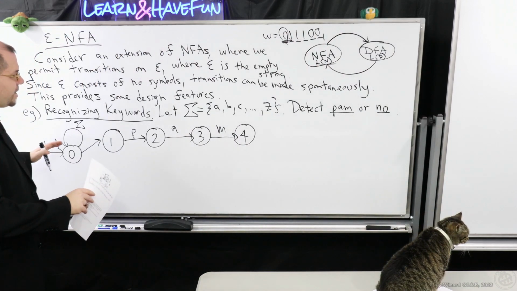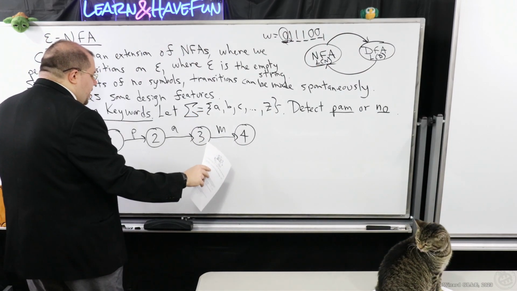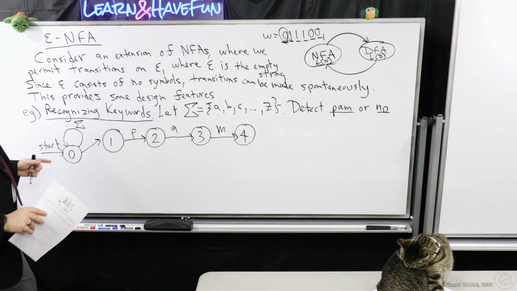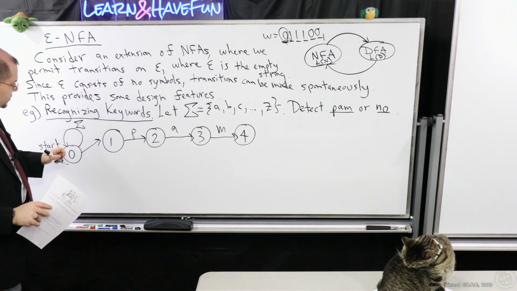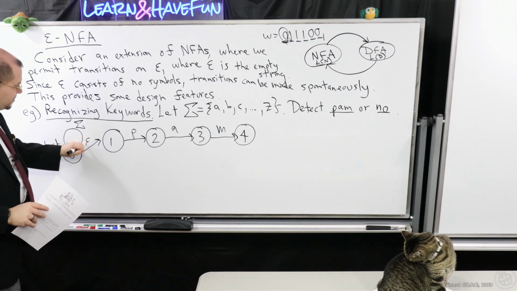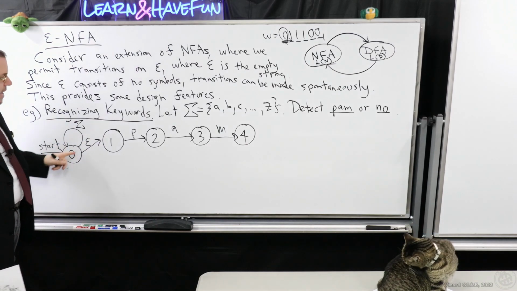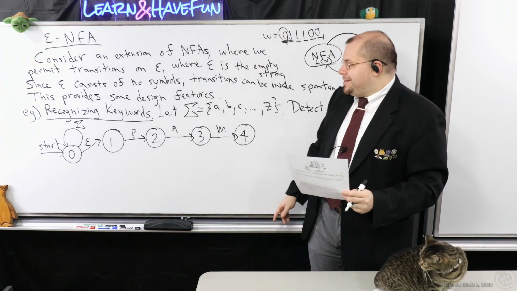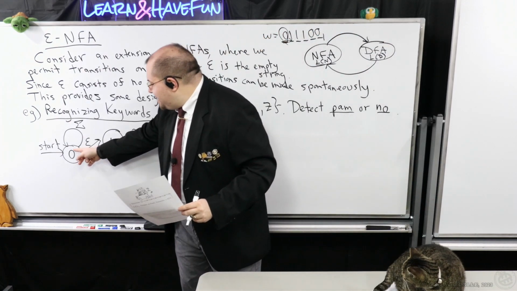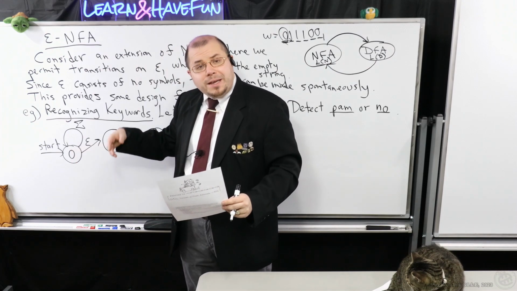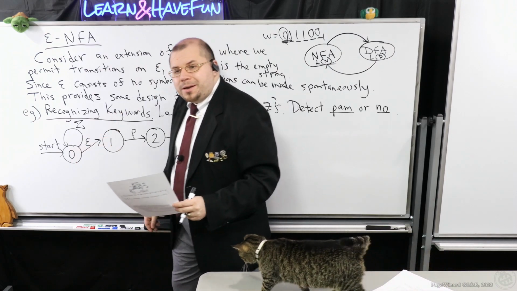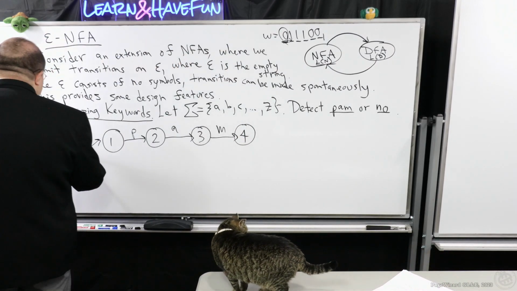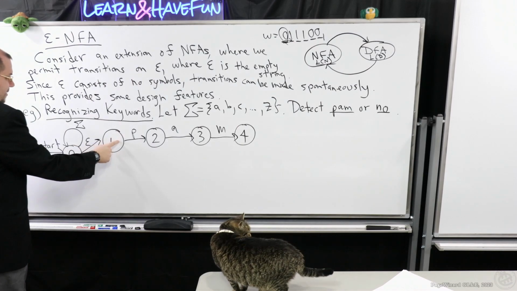So you can imagine I compose two smaller NFAs, and then I can bring them together, and what I can do is use an epsilon transition to get me over here for free. What do I mean by this? Well, if you're reading in the string, you don't have to actually read a symbol to get to state 1.